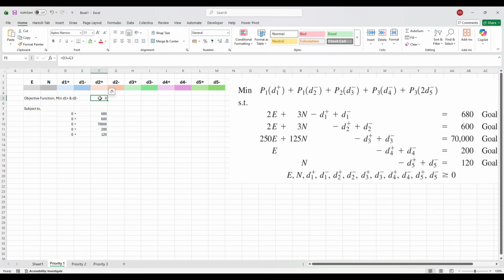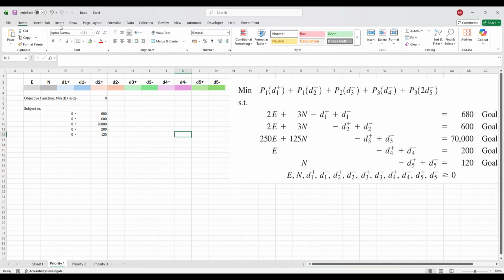For all these equations we have captured here, you can see 2 times E plus 3 times N minus D1 plus plus D1 minus, equal to 680. Once we set this up, we are ready to solve the priority 1 problem.